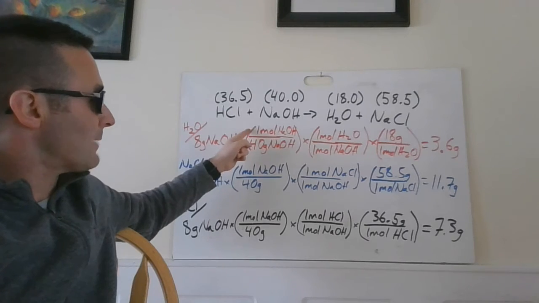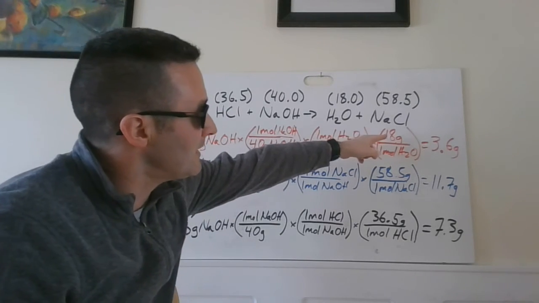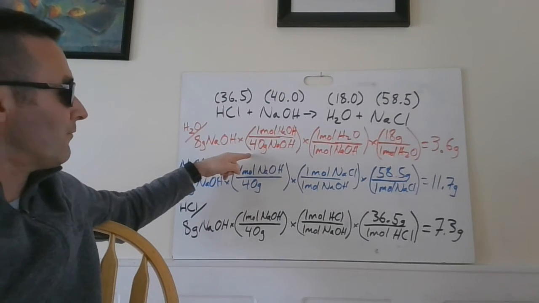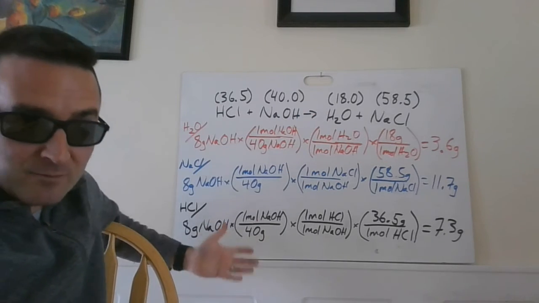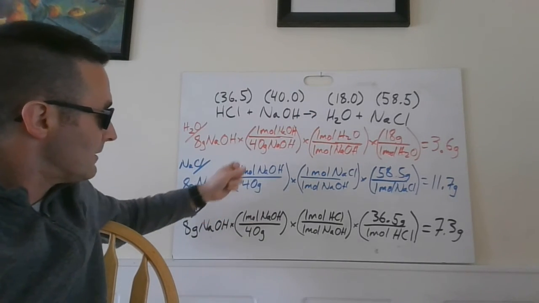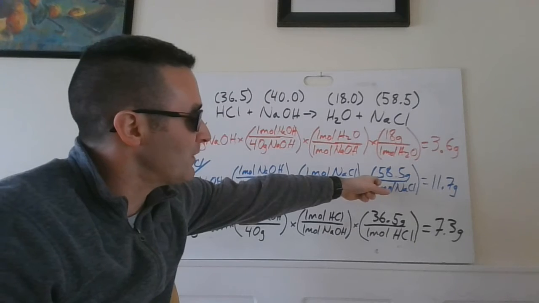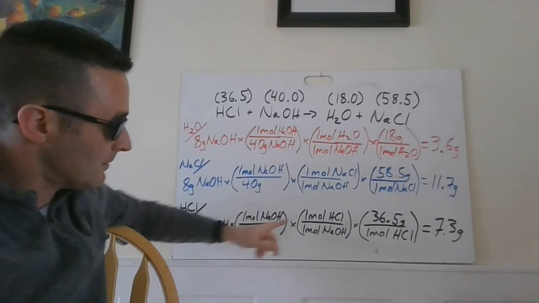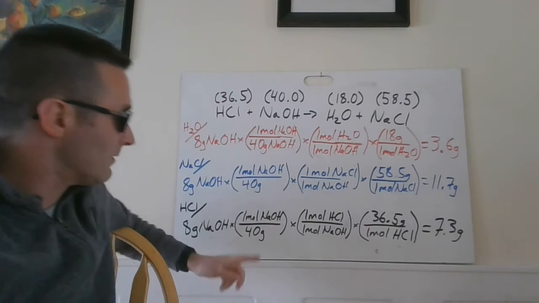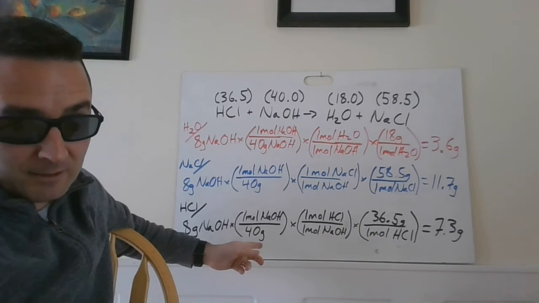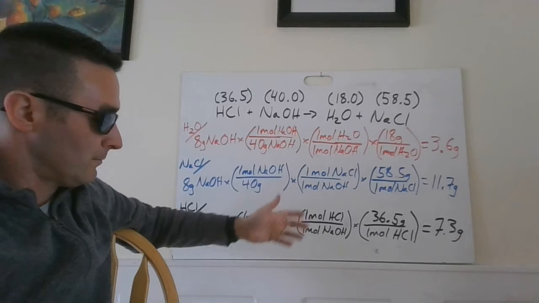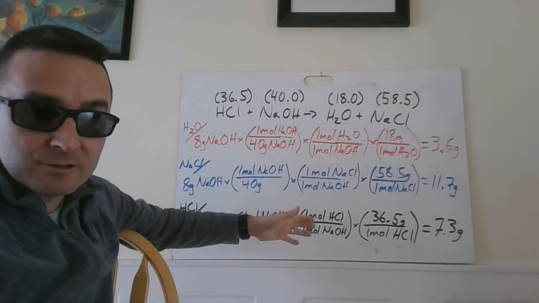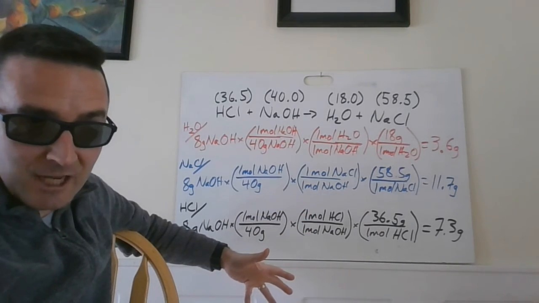So 8 times 1 times 1 times 18 divided by 40. And it's just ones in the bottom, you don't need it. 8 times 1 times 1 times 58.5 divided by 40. 8 times 36.5 divided by 40. So exact same answers, exact same concept.